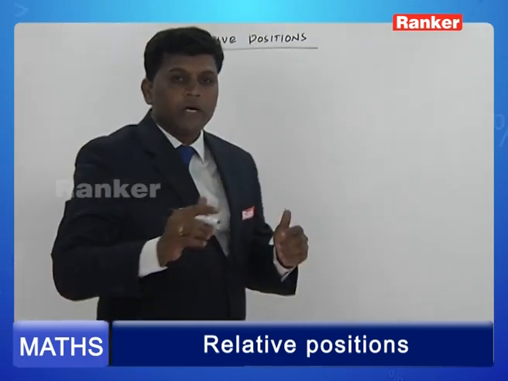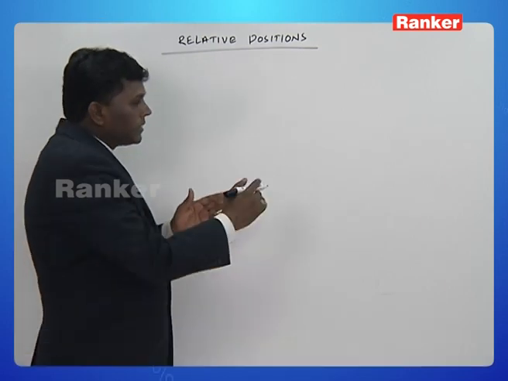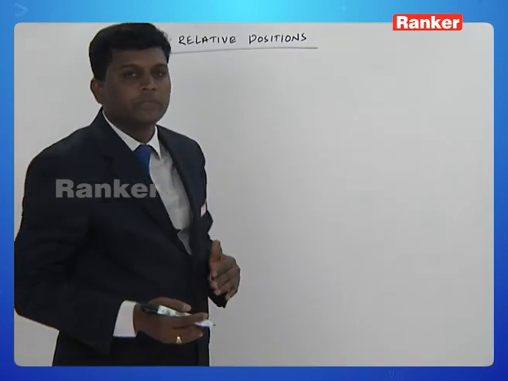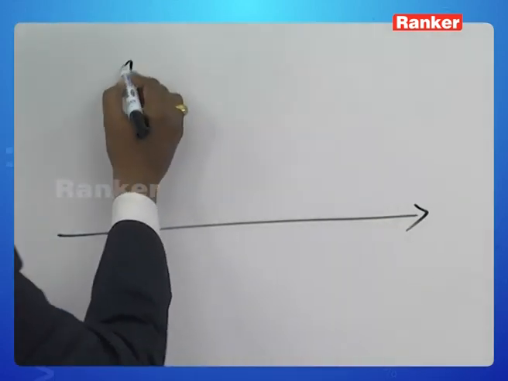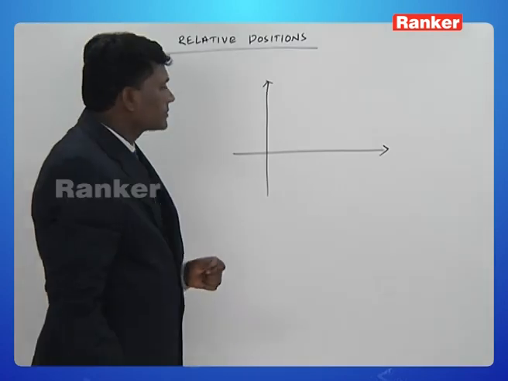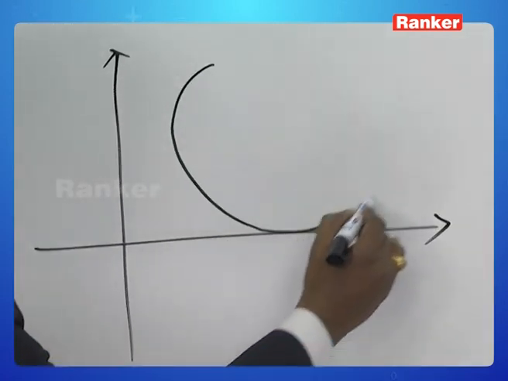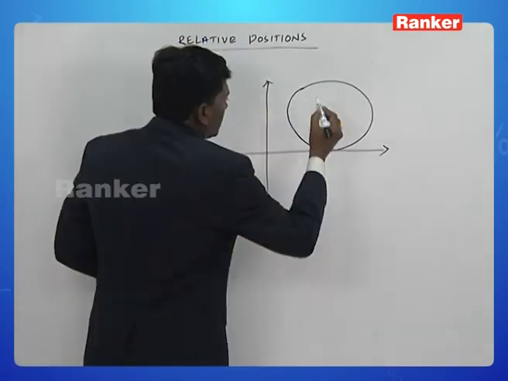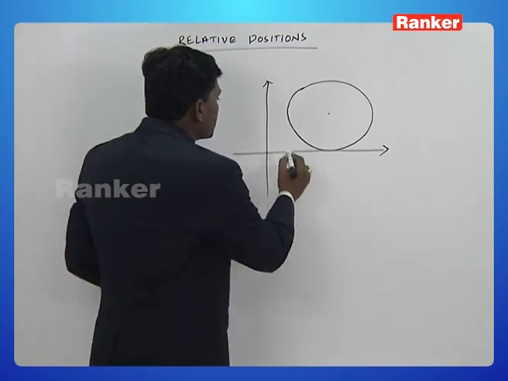Now we can also take the relative positions with another method. If you want to check this second method, we take the help of simple geometry here. Suppose a circle with radius r units is taken.